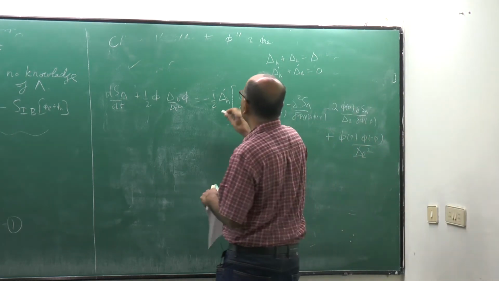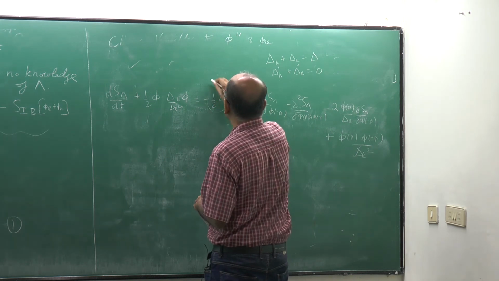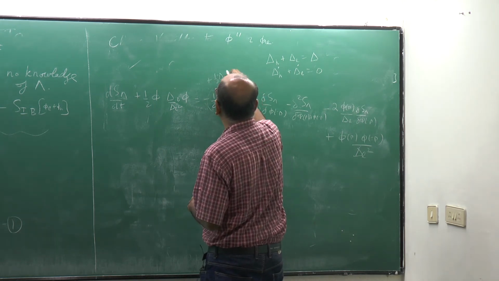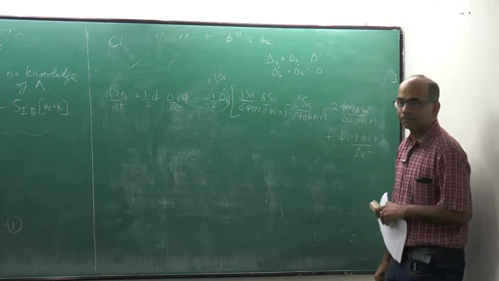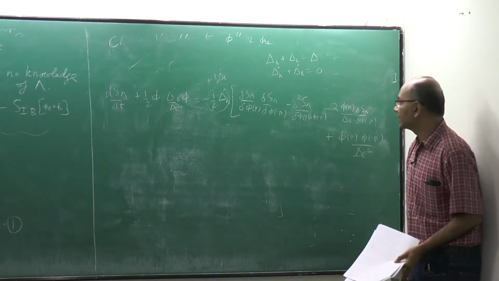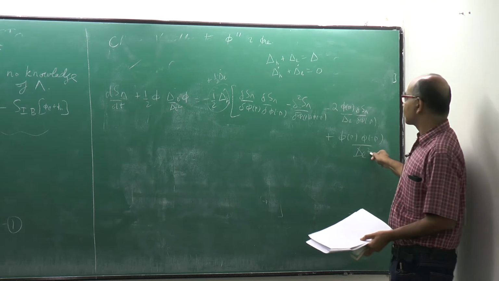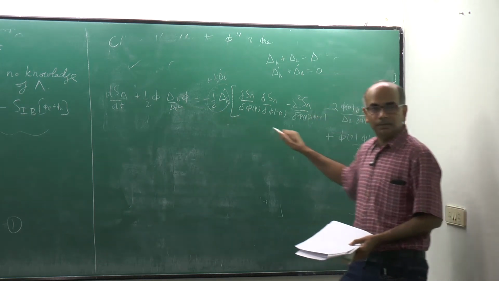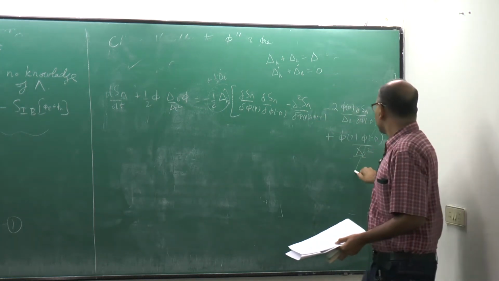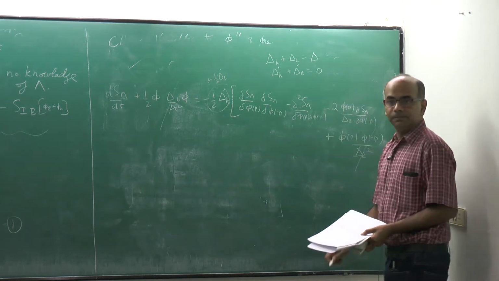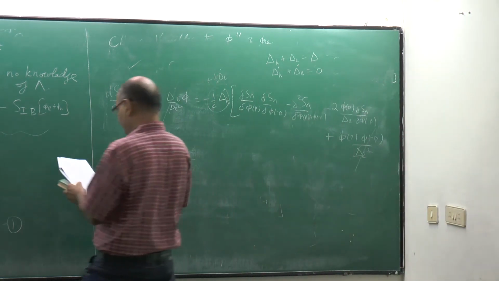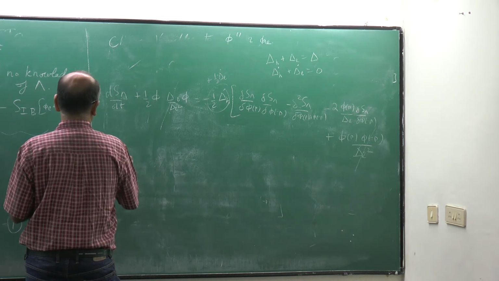So this you can write as plus half delta L dot, in terms of the original. And then you see that these two terms cancel. So this cancels with that, and you get an equation for S.